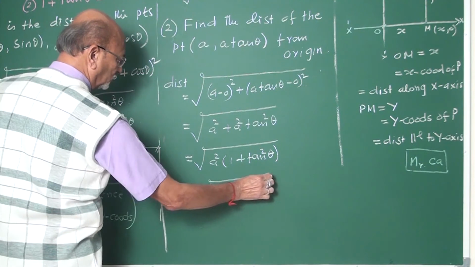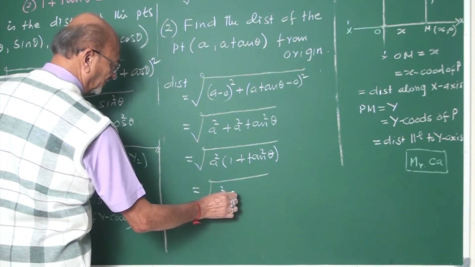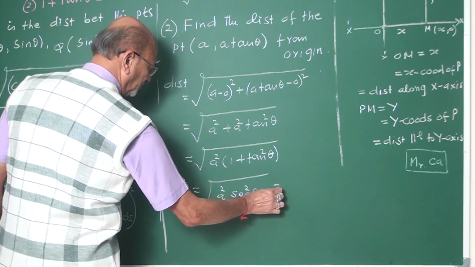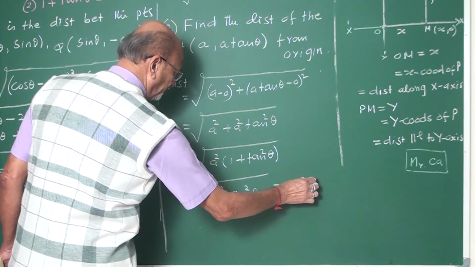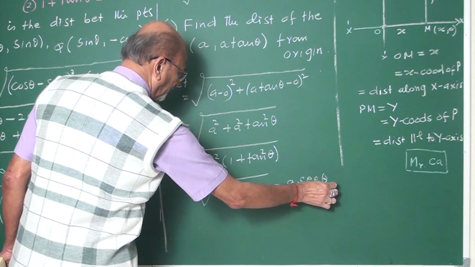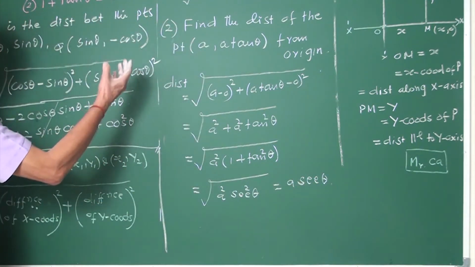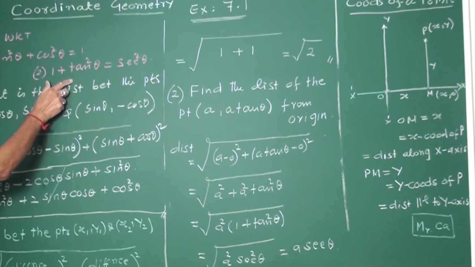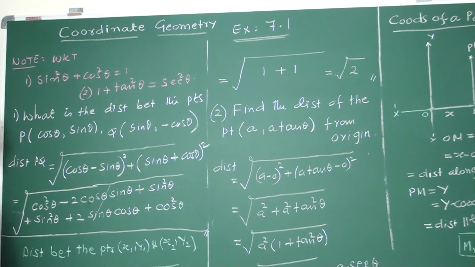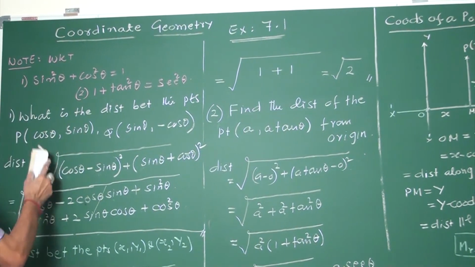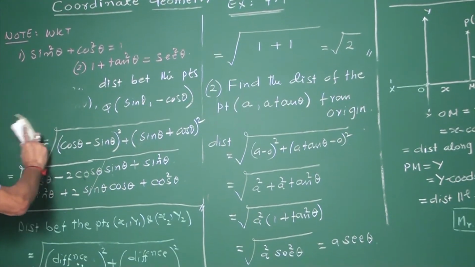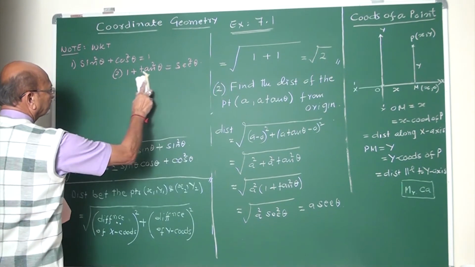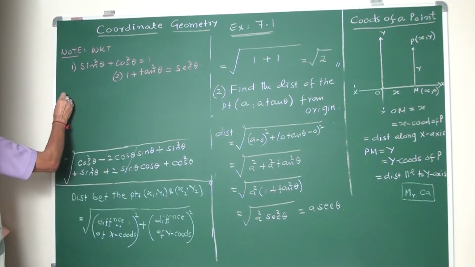It is the square root of A square sec square theta, which is A sec theta. And this is based on 1 plus tan square is sec square. The square root is A sec theta. This sample you do at home, do it yourself.